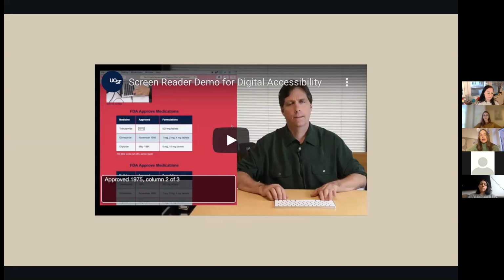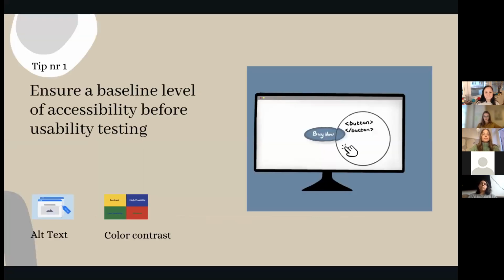So now I'm going to give you the practical part of this talk, my 7 tips on how to do better tests with users with disabilities. So tip number 1 is ensure a baseline of accessibility before usability testing. Believe me, you don't want to plan and do everything and find out that your color does not have the right contrast.